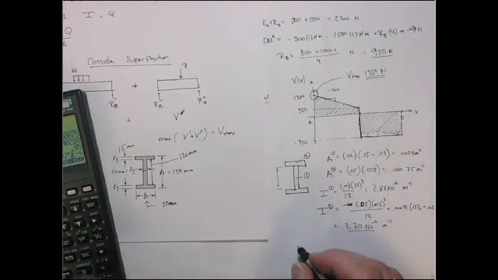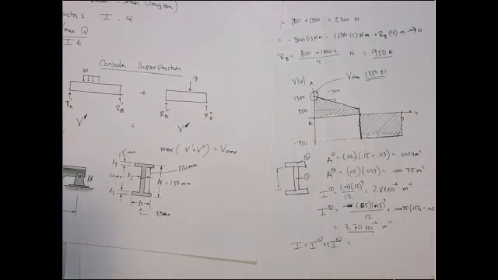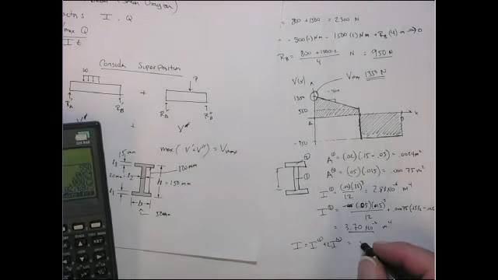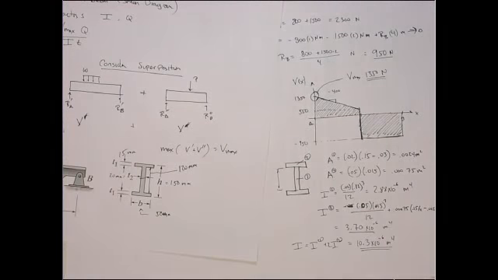So the total I is I of the web plus 2 flanges, because we have 2 flanges. So that equals 10.3 times 10 to the minus 6 meters to the fourth. Okay, so that's the I.